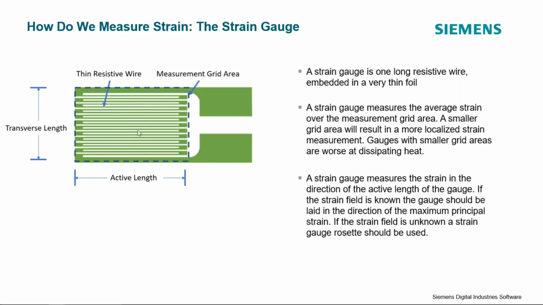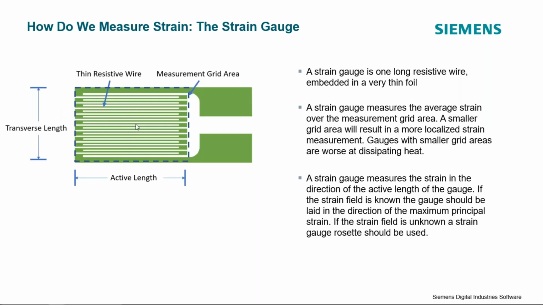Now, let's say we install the strain gauge on a test article. As the part deforms, the strain gauge will also deform, and that causes a change in resistance of the gauge as this wire is either pulled apart or compressed.